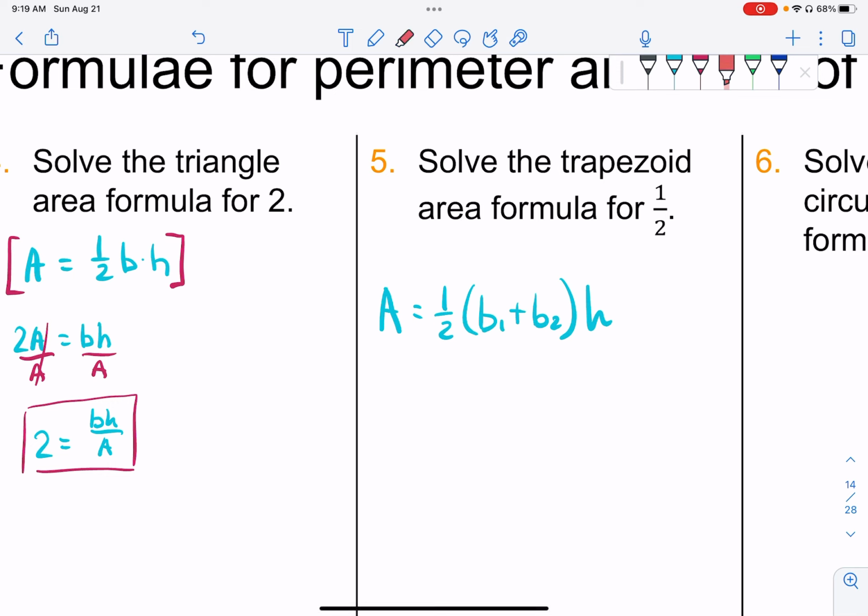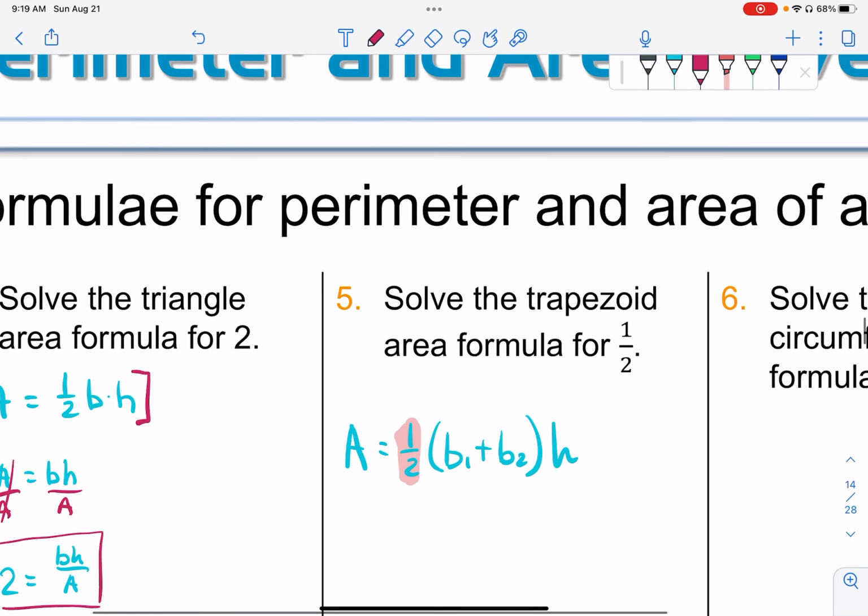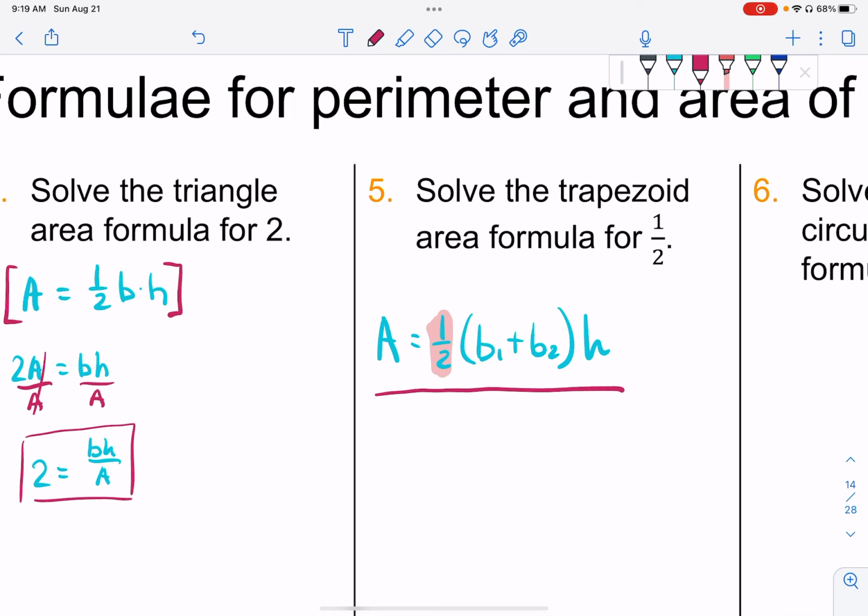Let me highlight it. Notice that it's being multiplied times these 2 quantities. You can think of the b1 plus b2 as one quantity, and then the h as another one. It's all multiplication. So we can get rid of all of it at the same time by just dividing it to the other side of the equation.